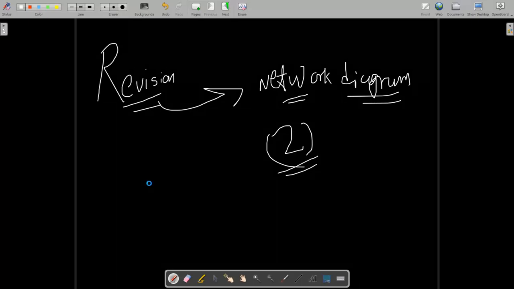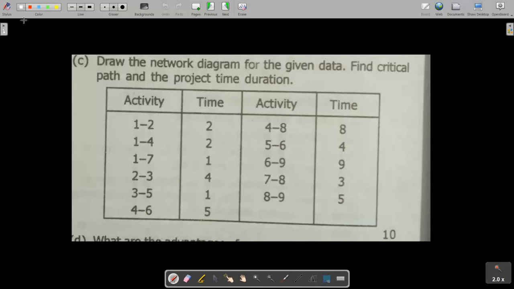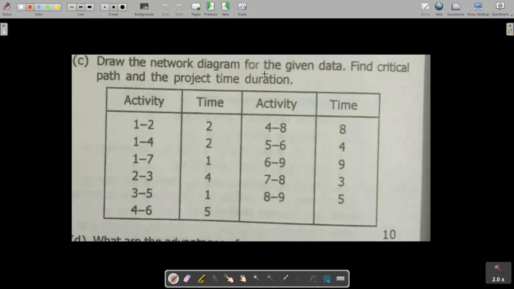So let's start. The first question is: draw the network diagram for the given data, find the critical path and the project time duration. First of all, let me clarify that for a network diagram there are two methods. One is to show the activity on nodes, like the 1 to 2 activity I have shown here.